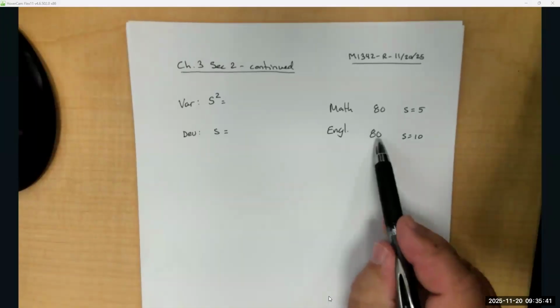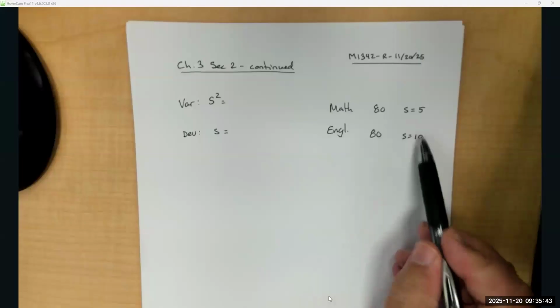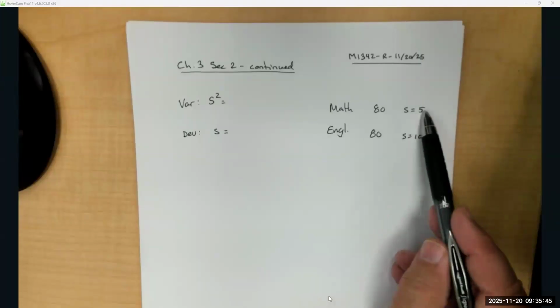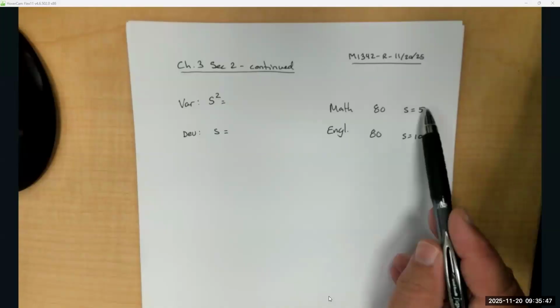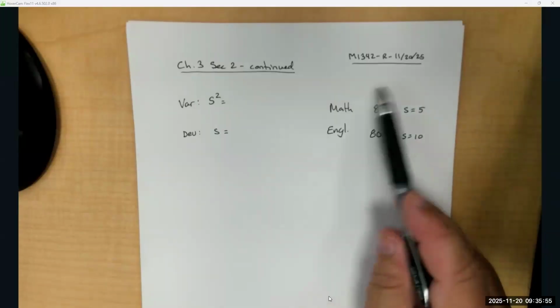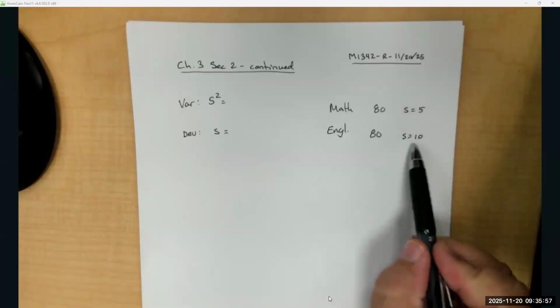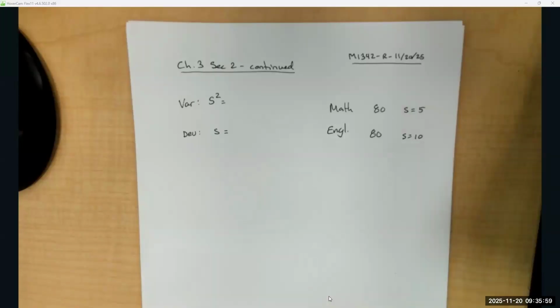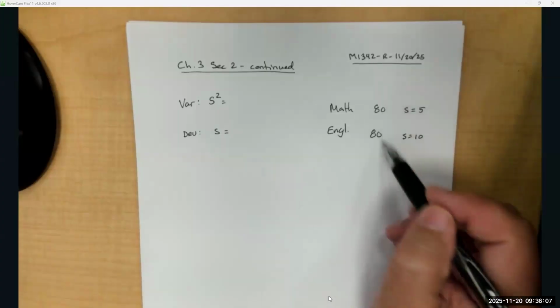Because even though you made an 80, the deviation in this one is smaller than this one, that means the test scores in that one are more condensed, which means a lot of the class made around that score, as opposed to a standard deviation of 10, which means they're further dispersed. Well, we have something to talk about to be able to convert these two.